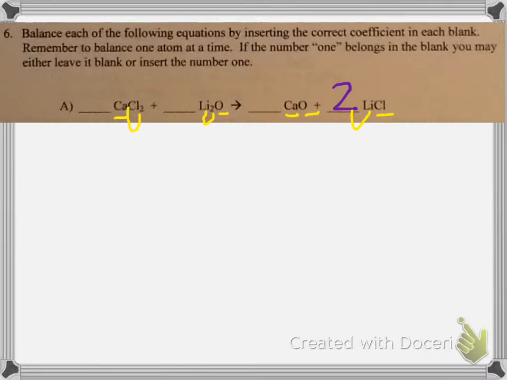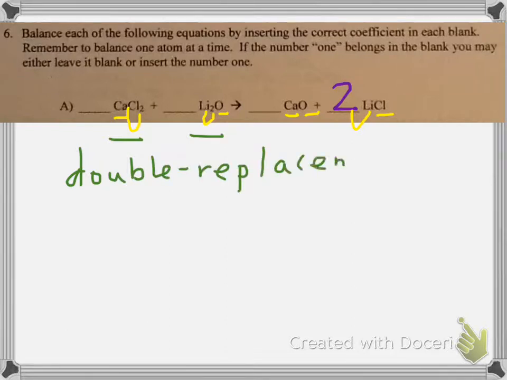This one, I have a compound reacting with a compound, so this is double replacement. And again, this is important because to be able to predict the products like we need to do in number 11, we need to be able to know what kind of reaction it is.